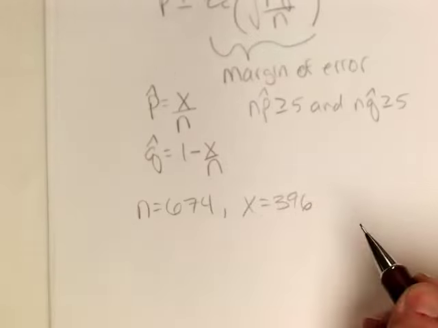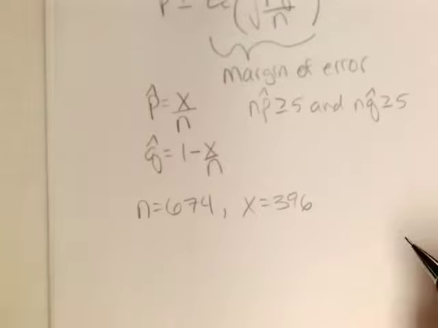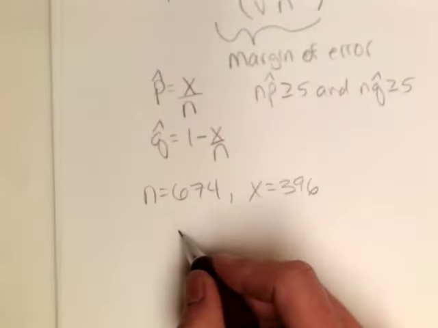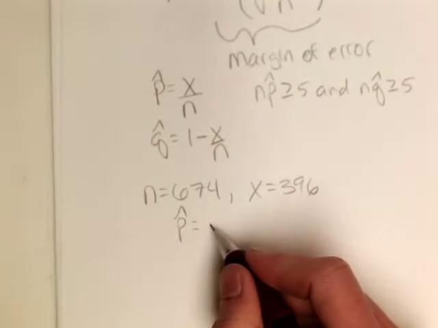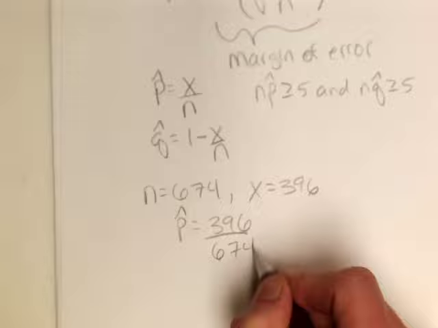We're calling a male going to a dentist as a success. So it's pretty straightforward to calculate p hat. p hat is going to be 396 over 674.